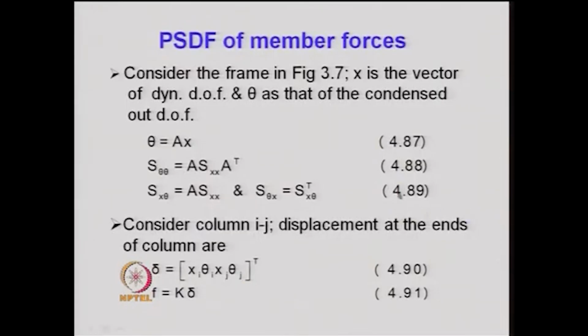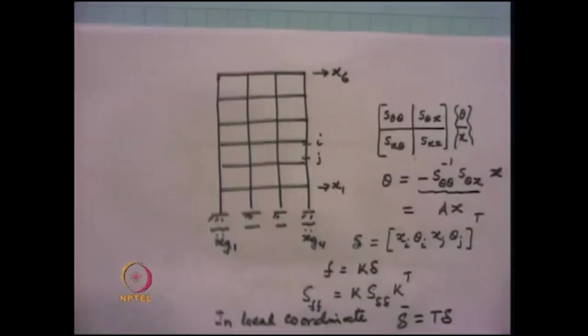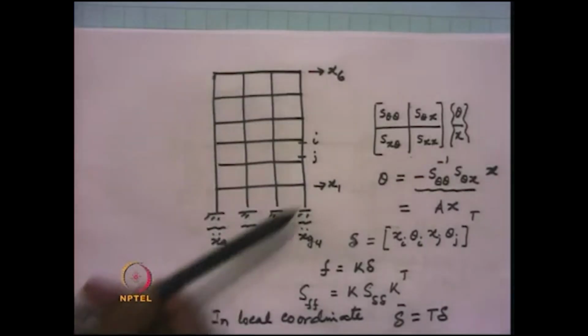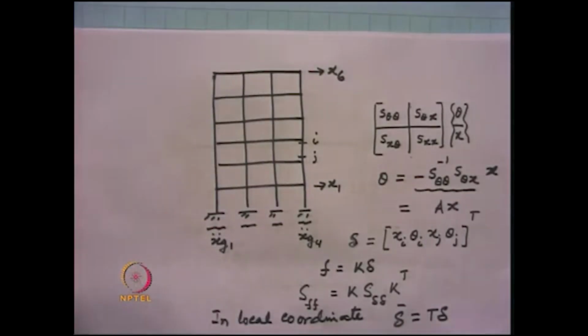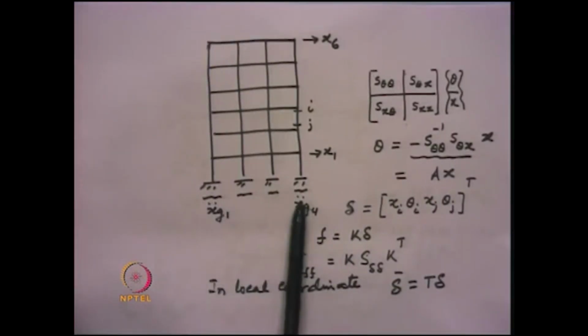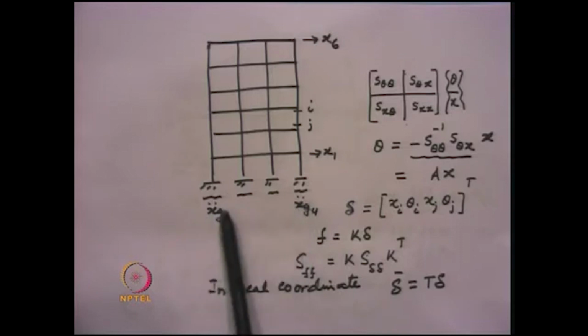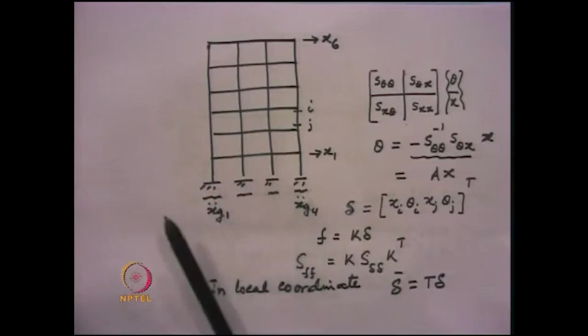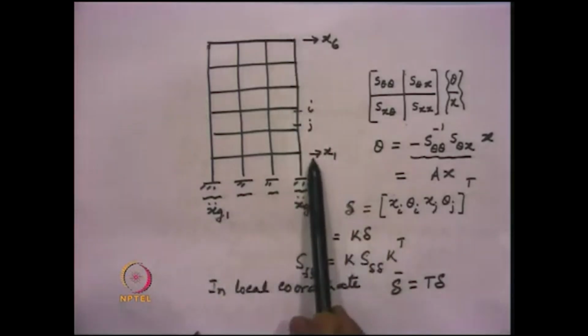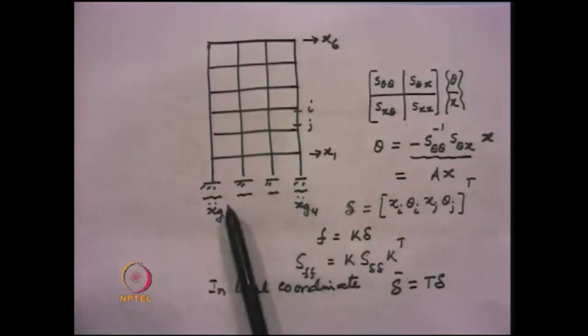For that we take this particular frame. In this frame we have say 1, 2, 3, 4 supports, and at these 4 supports we have 4 different excitations because of the time lag between them, and these are the non-support degrees of freedom, x1 to x6.